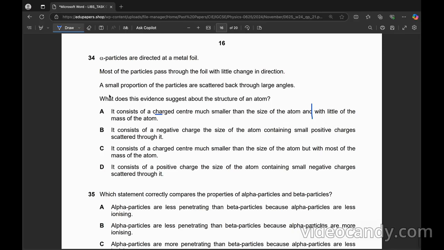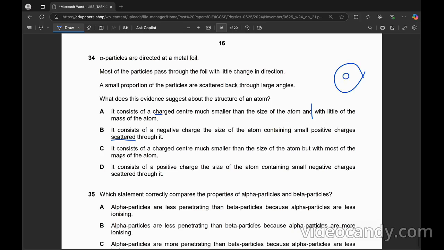B, it consists of a negative charge, the size of the atom, containing small positive charges scattered through it. Now you see the word scattered in an atomic model, and that's not true, because the electrons are orbiting in the shells, and then the protons and neutrons are just very tightly packed in the center. So it's wrong as well.